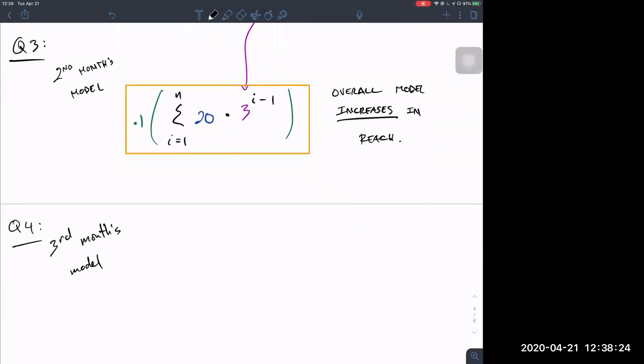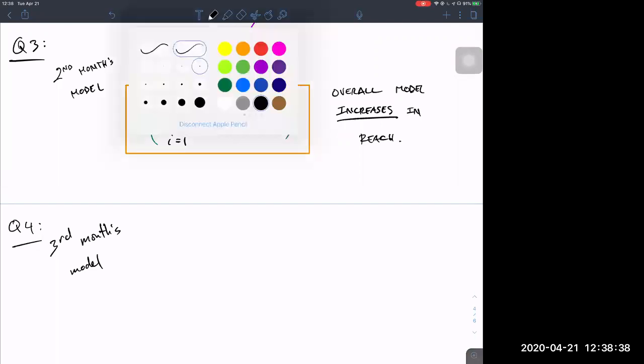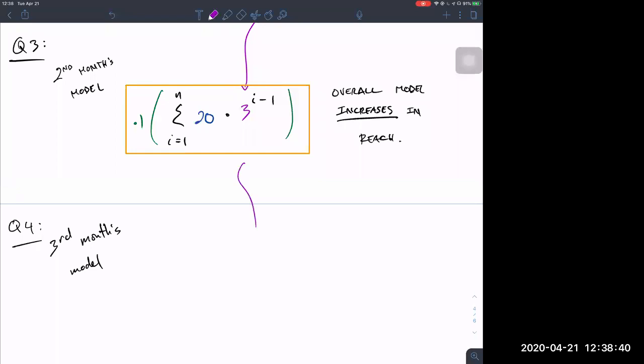Whereas the 4th question says, suppose the 3rd month research suggests, right? That's how you know when I'm talking about the growth. Research suggests a published post reaches 4 new people the next day and thereafter. So that means your growth factor is now a 4 instead of a 3.